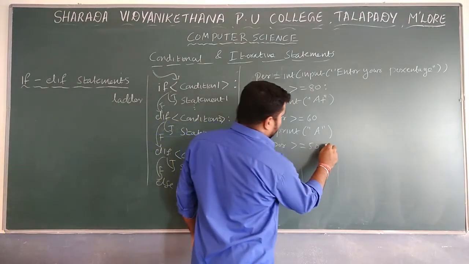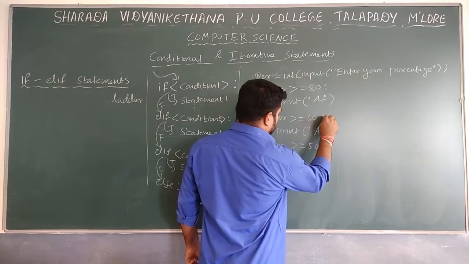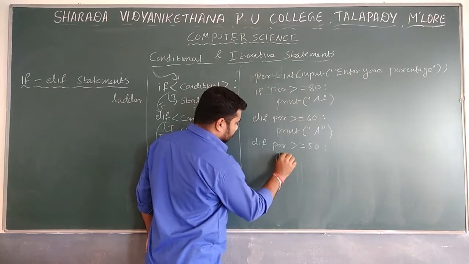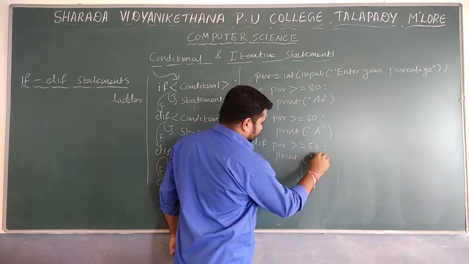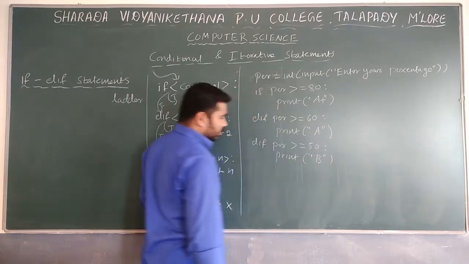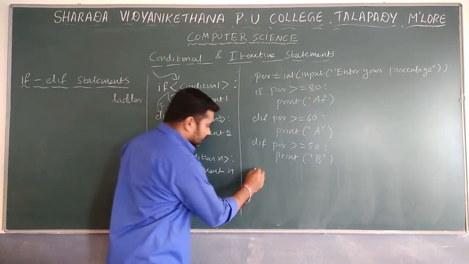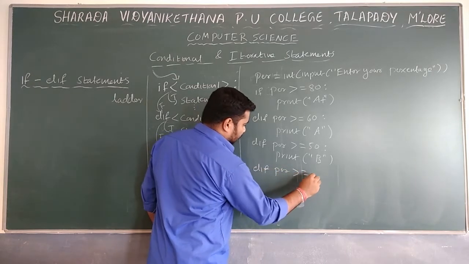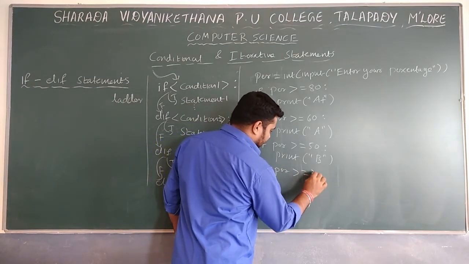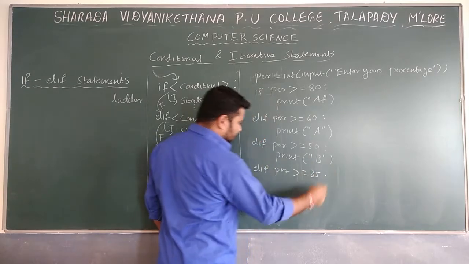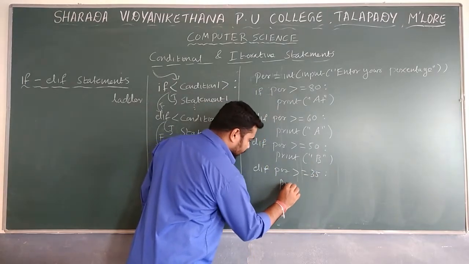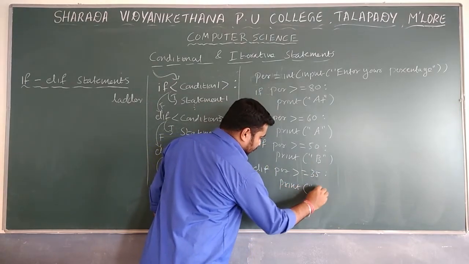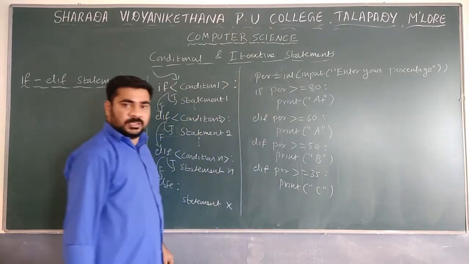Then I can print B grade. Then after that, elif greater than or equal to 40, or you can write 35. Print C grade. Grade is C.